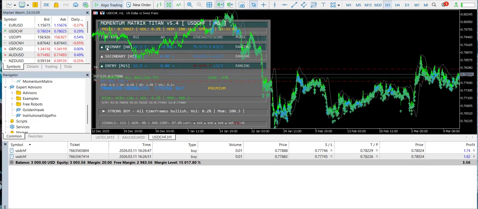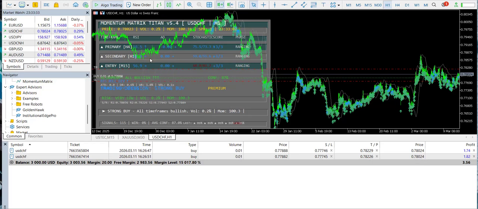So for example, the primary 4 hour time frame is aligned. It is showing us that the market is bullish. That arrow is pointing up. As you can see, even the color is blue. If this color changes from blue to red, that means it is bearish.